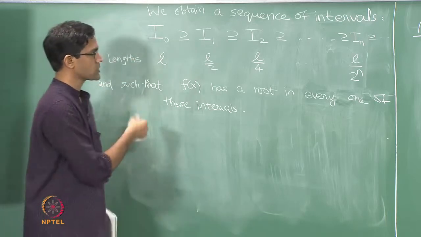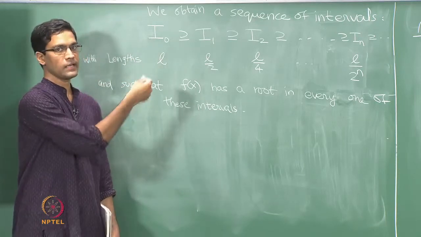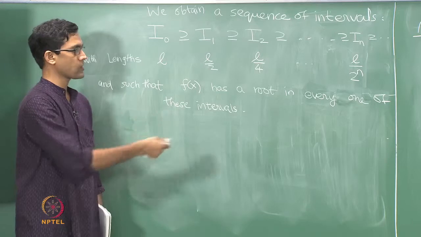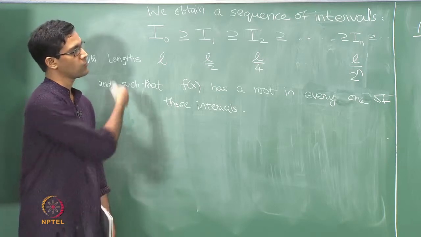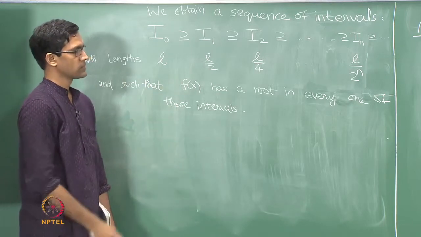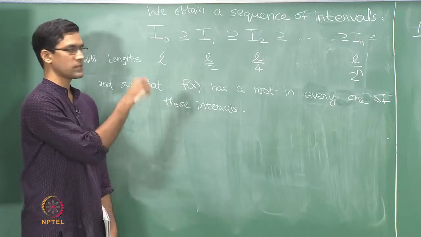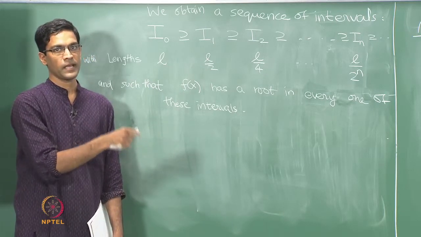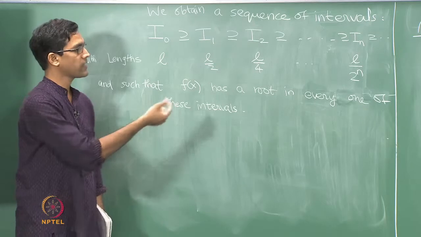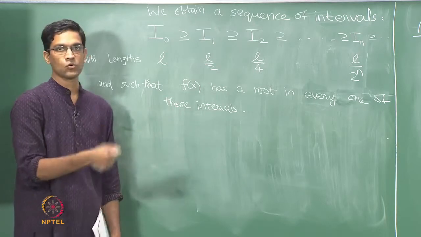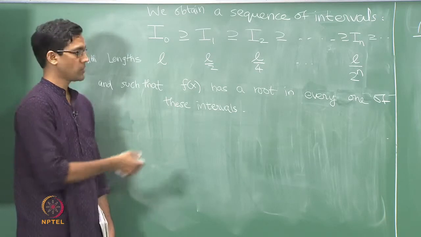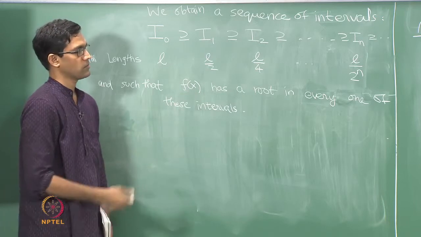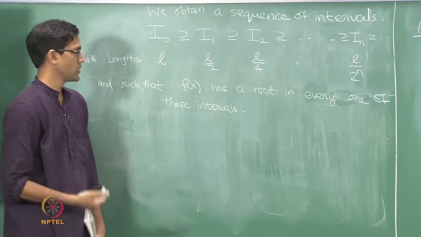So assuming you don't succeed in finding a root at any given step, you can keep going on and on. Let's say you keep going for 100 steps, then at the 100th step, the interval I100 contains a root of the function f, because that's exactly the property using which you define the next interval.